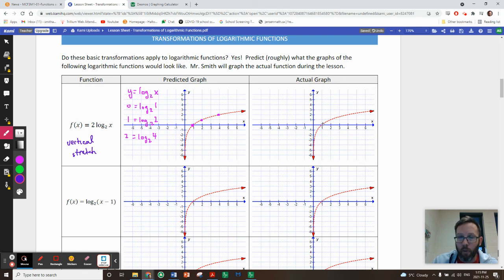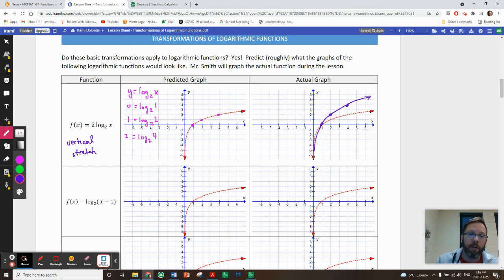So I'm going to take my anchor points. (1, 0) is going to stay where it is, because the y value is 0. (2, 1) is going to move to (2, 2), stretched by a factor of 2. (4, 2) will get stretched to (4, 4). Those 3 anchor points give us enough of an idea.